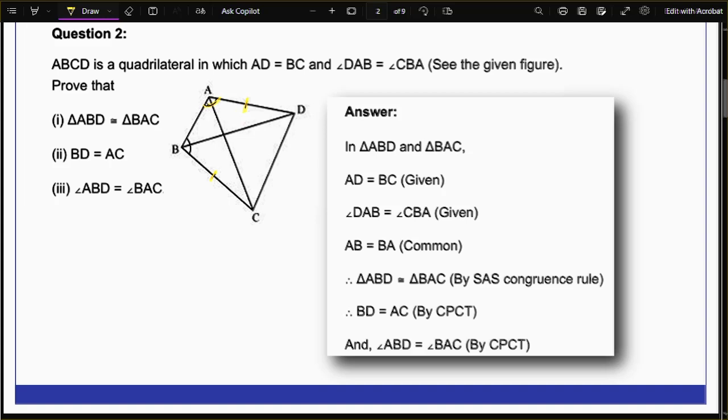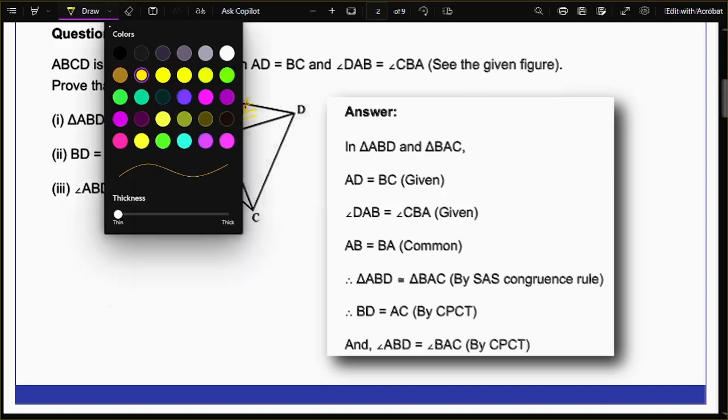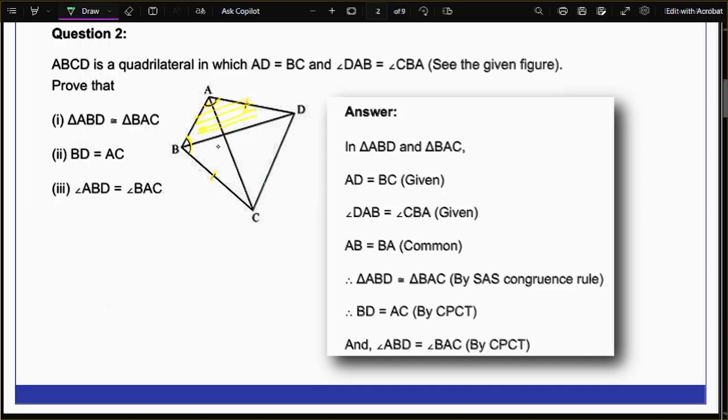This upper angle equals this angle. We have to prove that triangle ABD is congruent to triangle BAC. ABD is this triangle, and it is congruent to this triangle, CBA.